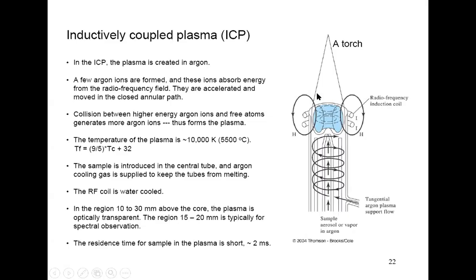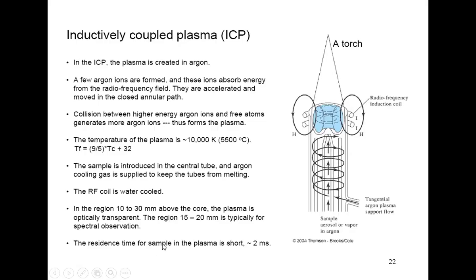So the plasma above about 10 to 30 millimeters, the plasma is transparent. You can actually see it when you look at it. When we turn it on, you can actually see it. And the region 15 to 20 millimeters is typically for spectral observation. So you notice there 15 to 20 millimeters, that's where the spectrum is observed.